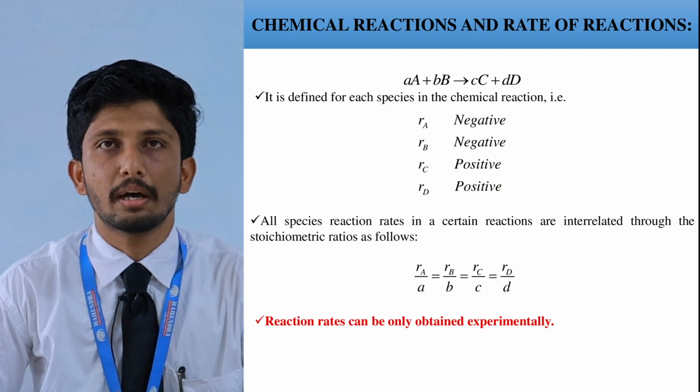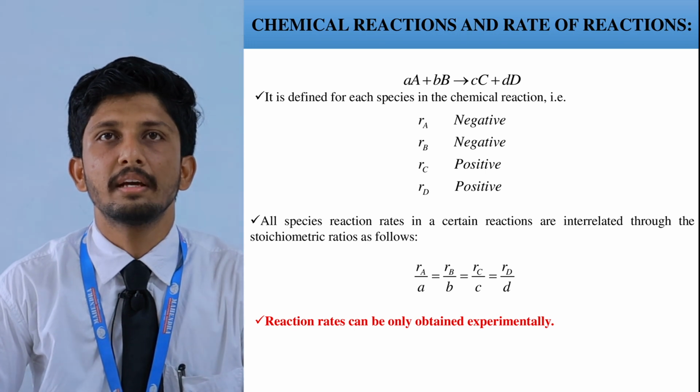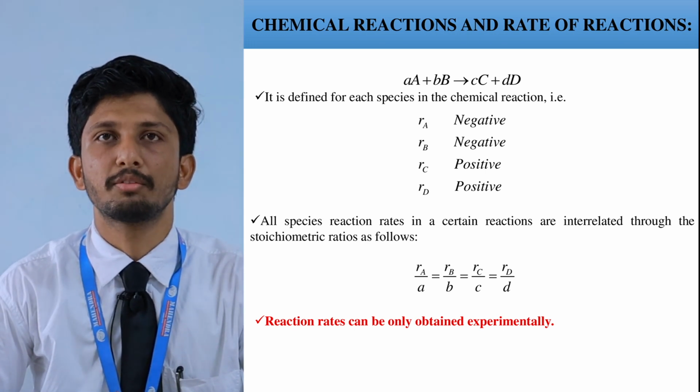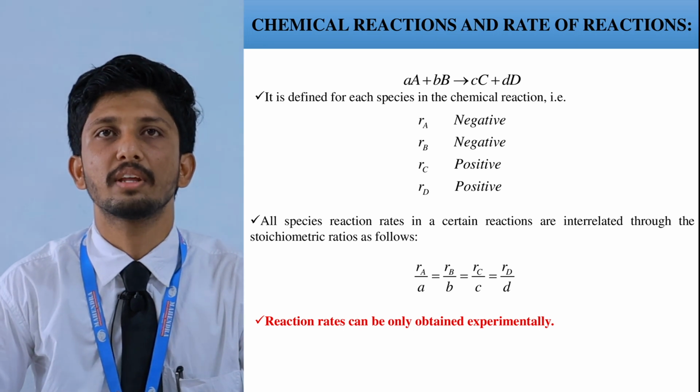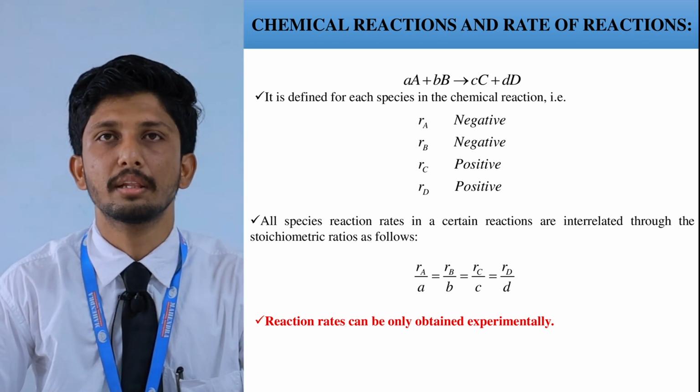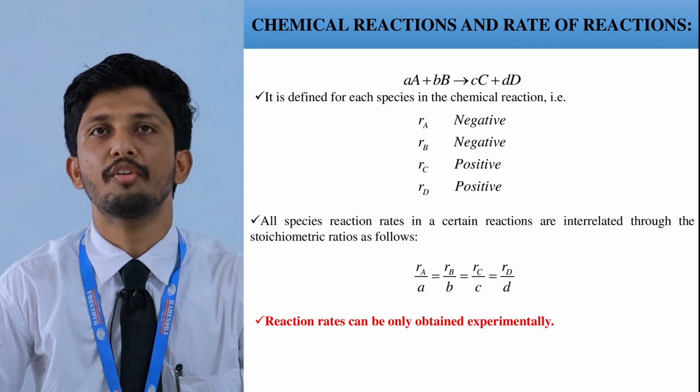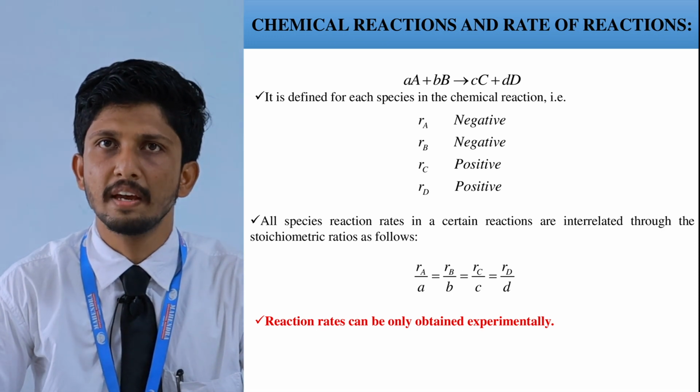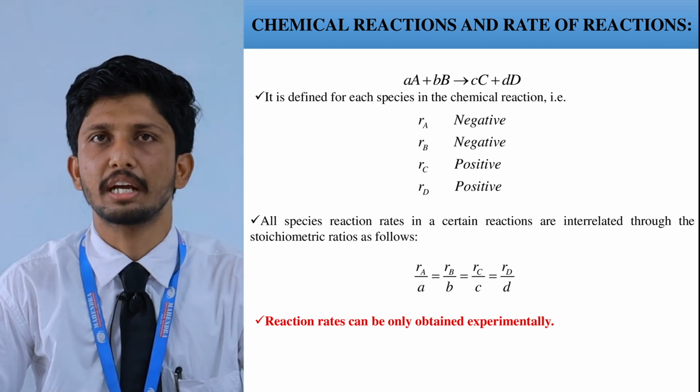So, in this reversible reaction, A plus B are the reactant species. For the reactant species, the rate can be denoted as r_A for species A, which is always negative.